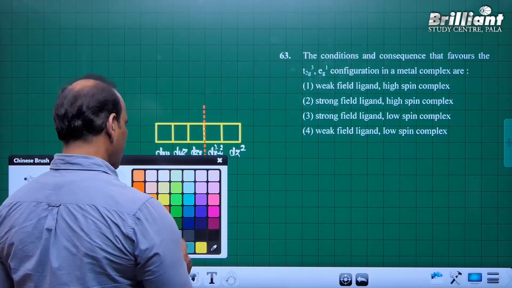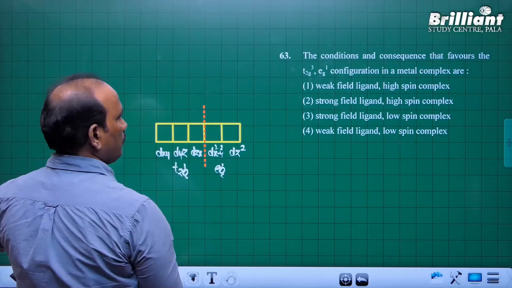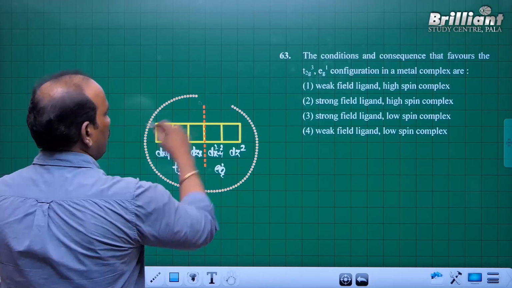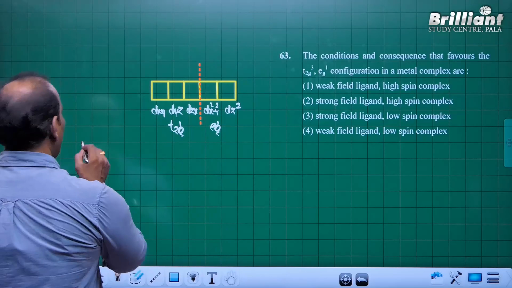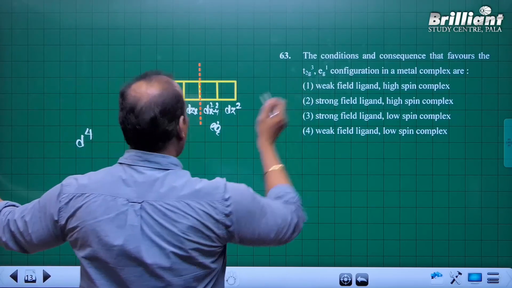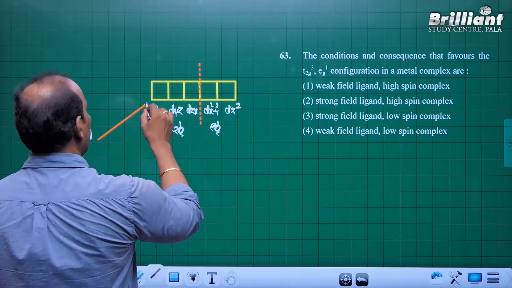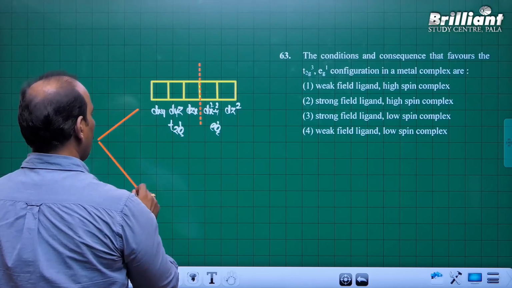Here two types of categories are there. Then this is a d4 configuration. Totally how many electrons are there? 3 plus 1. Two possibilities: possibility 1 and possibility 2.